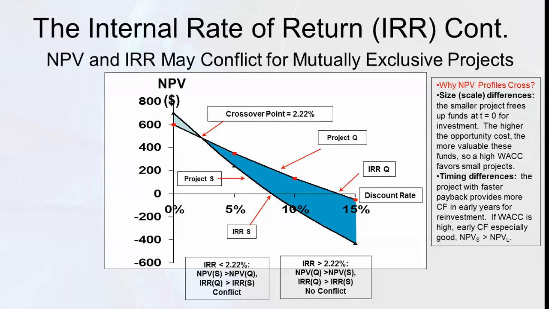So a high WACC favors small projects. That is the size problem.